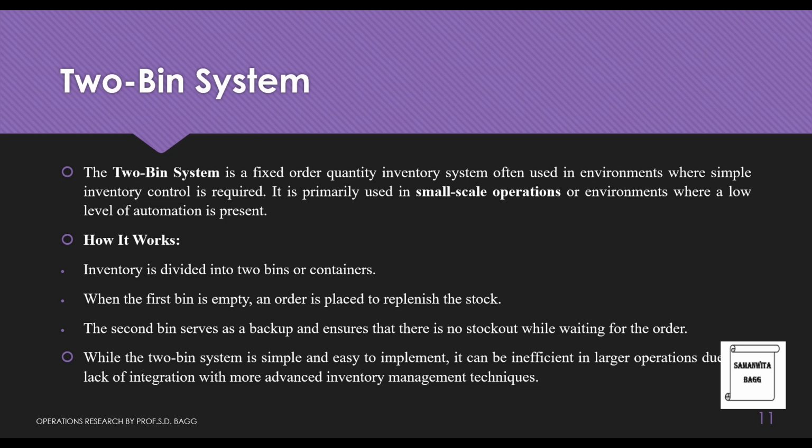While the two-bin system is simple and easy to implement, it can be inefficient in larger operations due to lack of integration with more advanced inventory management techniques. So this two-bin system is actually a very basic model wherein you don't have any level of automation or technology being used. It is a very simple method. So it is inefficient when you have larger operations because of lack of advancement in technology.